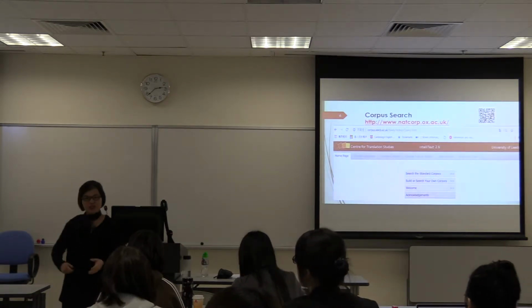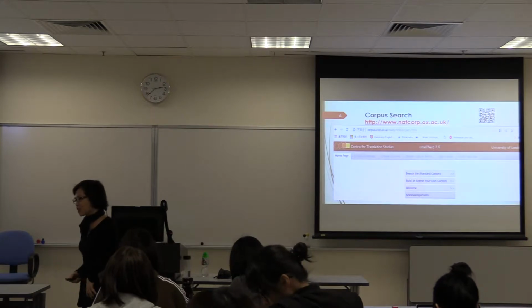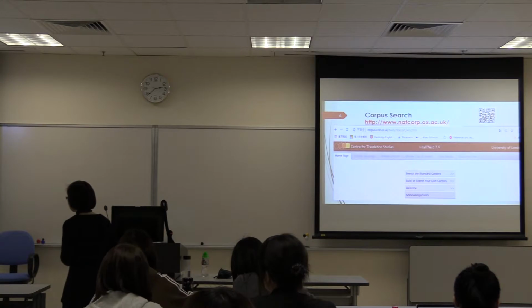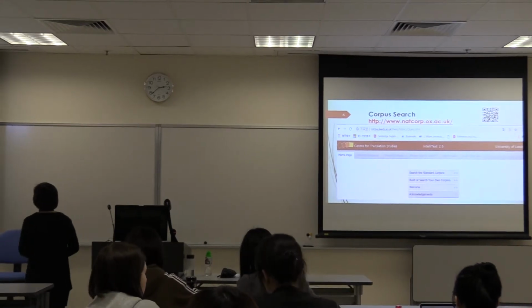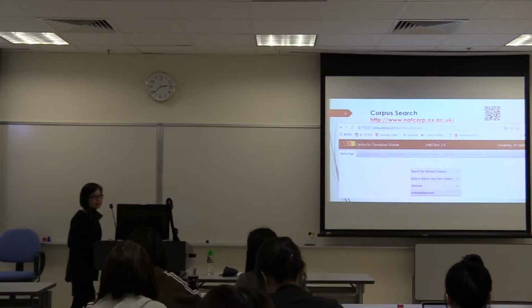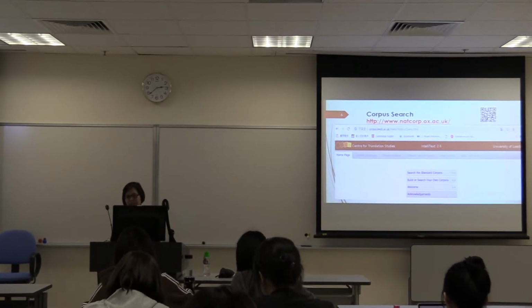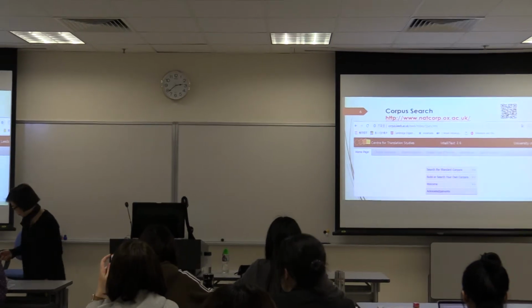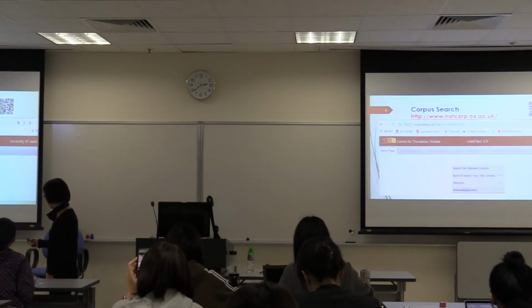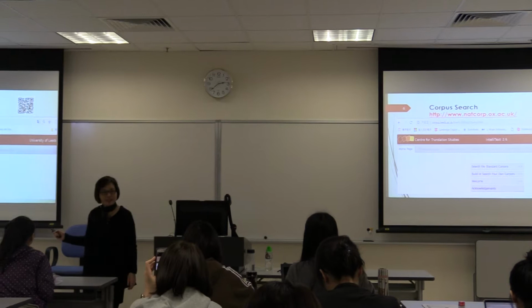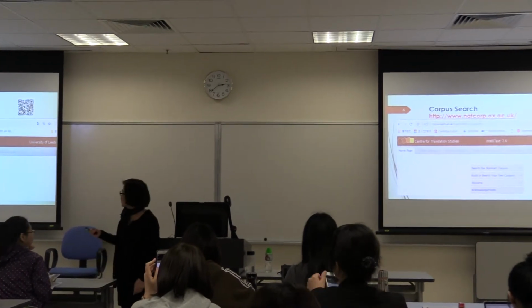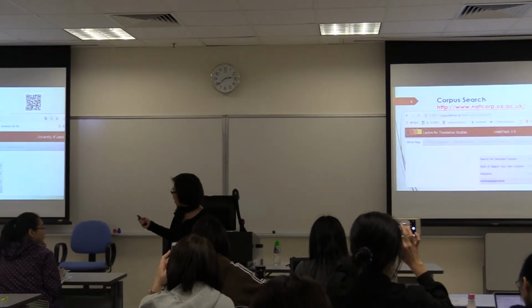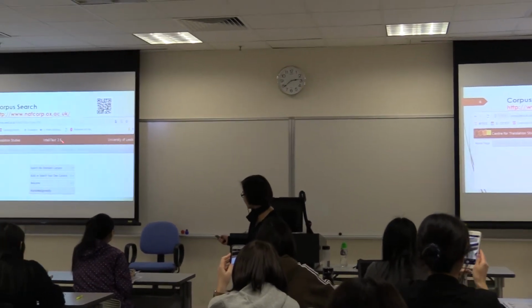Now let's try to do this search first. Take out your computer, your laptop, or your mobile phone. Let's learn how to do the search. Now, you can either type in this link, or you use the QR code. Now I'll begin with a more complex method. I've chosen this corpus tool.